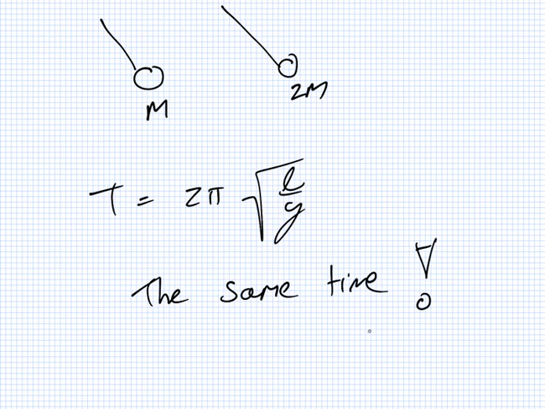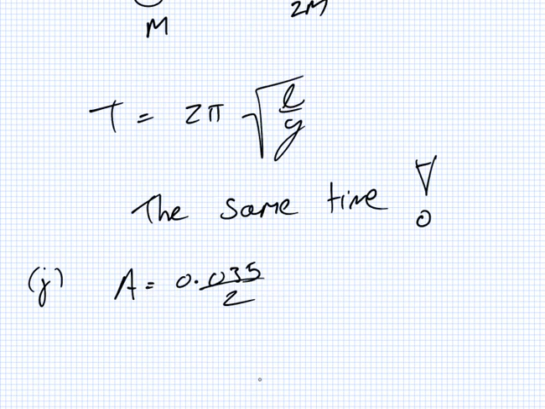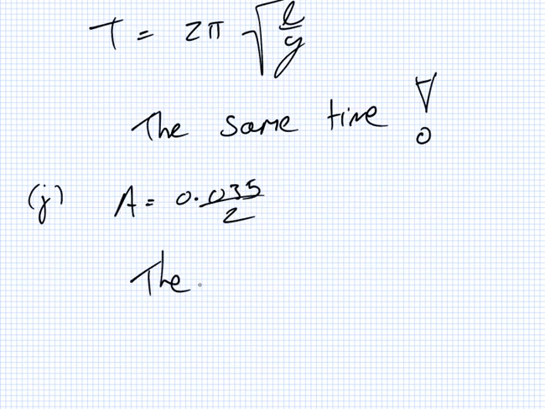But time equals 2 pi root L over G. So that means 1.33 over 2 pi, squared, equals L over G. So then if I bring the G up here, I can calculate the length.